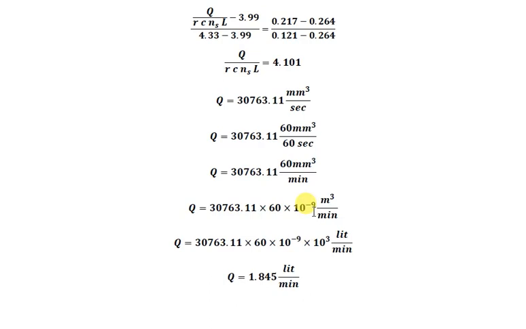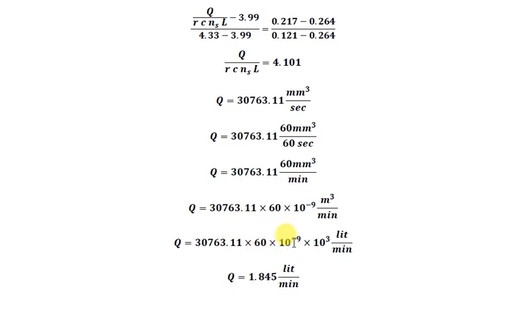After this we go for the conversion from meter cube to liter. We know that 1 meter cube is equal to 10 raised to 3 liter. So that has to be multiplied, and that will give you liter per minute.